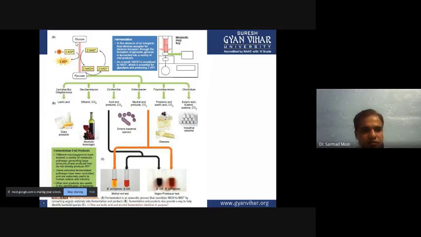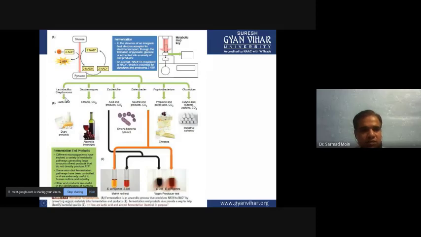Initially we provide carbohydrate, glucose, to the reaction, and it is converted into pyruvate. Two molecules of pyruvate are produced from the glucose, and this pyruvate will be utilized in anaerobic respiration.